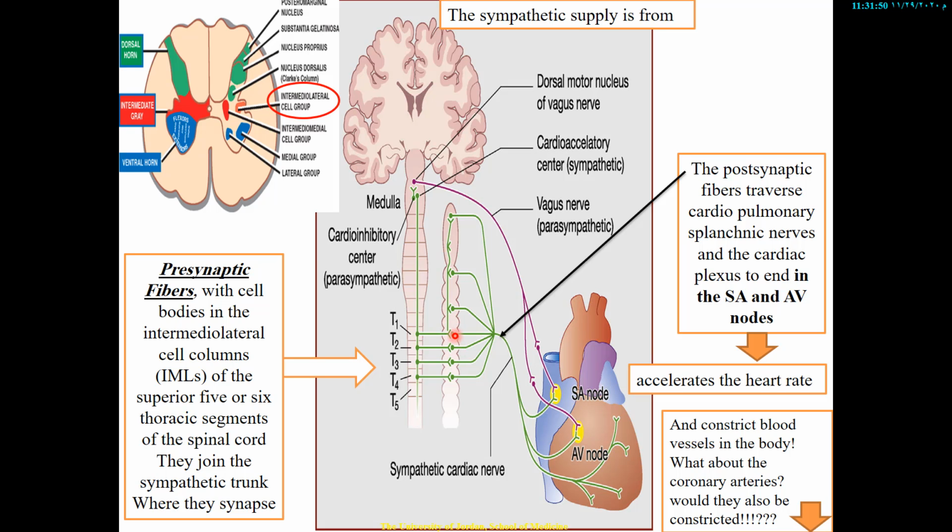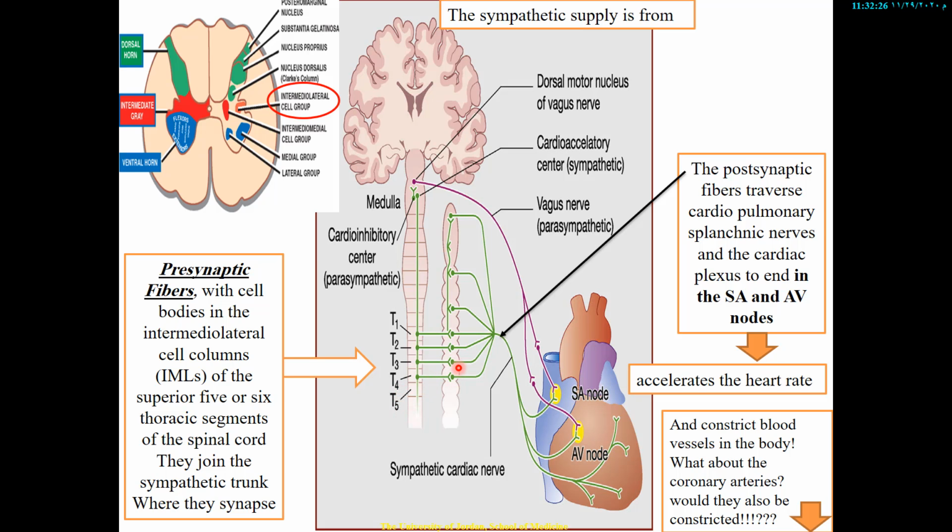Generally speaking, the presynaptic fibers differ in the way they reach the sympathetic trunk. Some of them will just go up to reach the neck, and from there reach the head with the arteries. So I will not talk about this anymore. Presynaptic fibers from the lateral horns from T1 until T5.